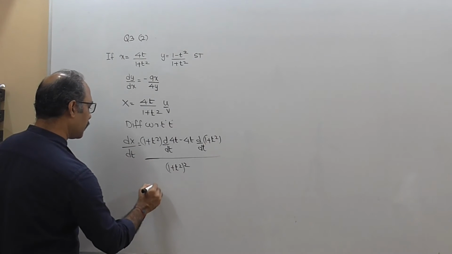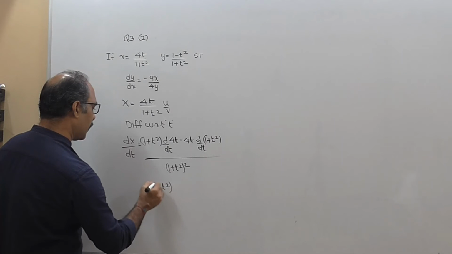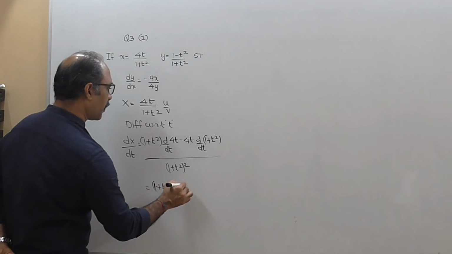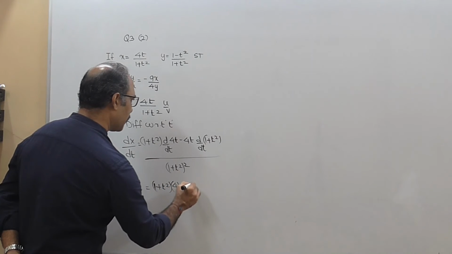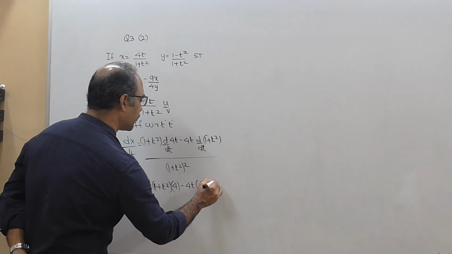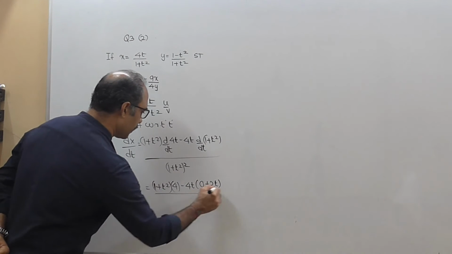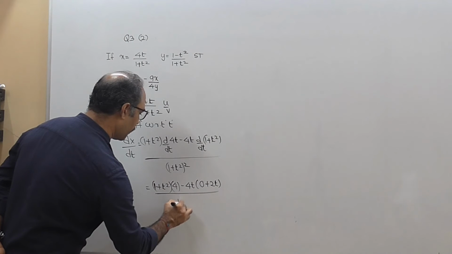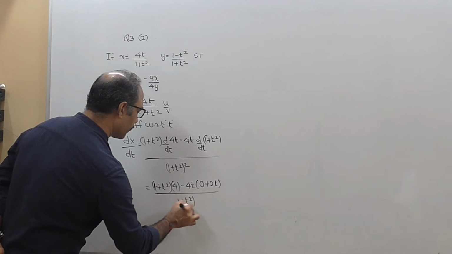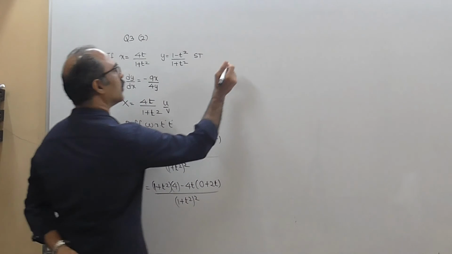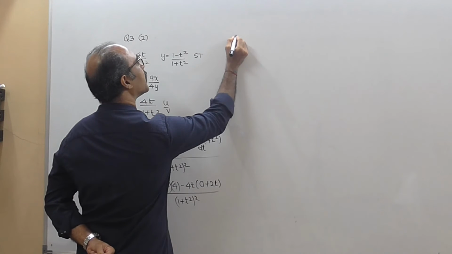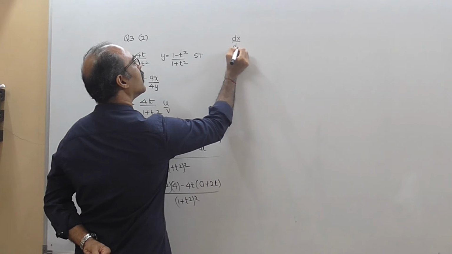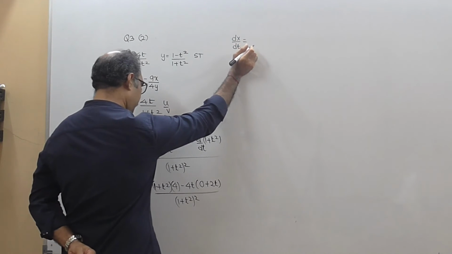This is equal to 1 plus t square, the derivative of 4t is 4, minus 4t, the derivative of 1 is 0 and the derivative of t square is 2t, the whole upon (1 plus t square) the whole square. So we get dx upon dt.